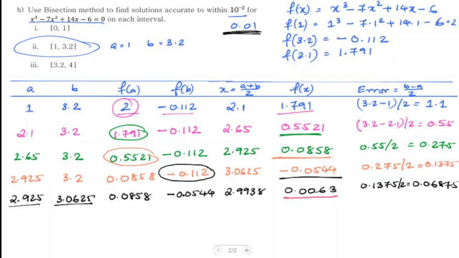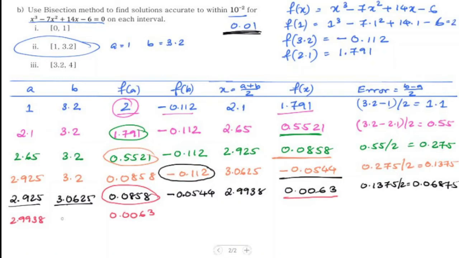This one here is positive, so it would replace from f of a and f of b the positive number, which is this one here, so that will replace. So here we'll have now 0.0063, and because f of a is replaced by f of x, so a will be replaced by x, which is 2.9938.